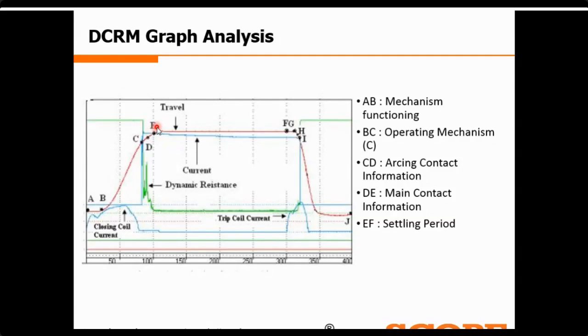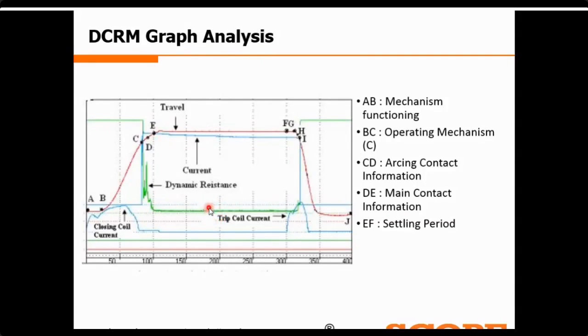Now from point E to point F, the settling period is there. That means the delay time between the close and the open. This is the settling time, where you can see the graph is very much linear in the resistance. That is because the current is injected across the main contacts, so we are only having the value of the main contacts resistance here.